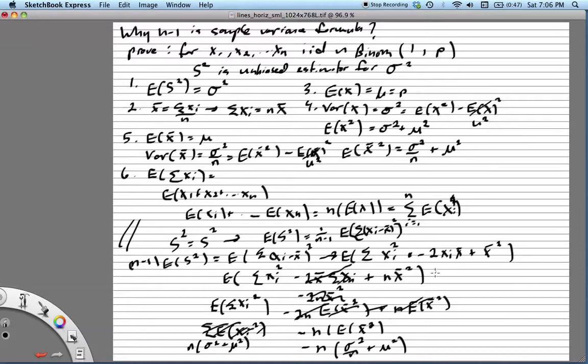Okay. I'm just going to continue working this over here. So we can factor an n out of both pieces. We get n times sigma squared plus mu squared, minus sigma squared over n plus mu squared.